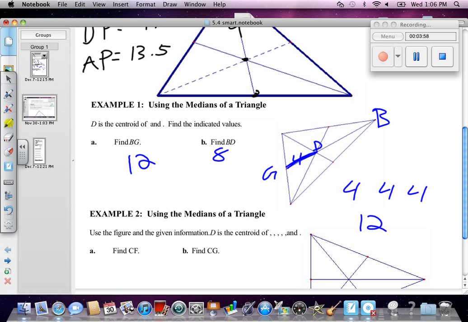If I know D to B is 2/3 of the way, I know I have 2 out of those 3, and I have 8. So essentially it is like 1/3 of the way from the sides, 2/3 away from the vertices. Okay? All right, the centroid is 1/3 away from the sides and 2/3 away from the vertices. Yes, ma'am.